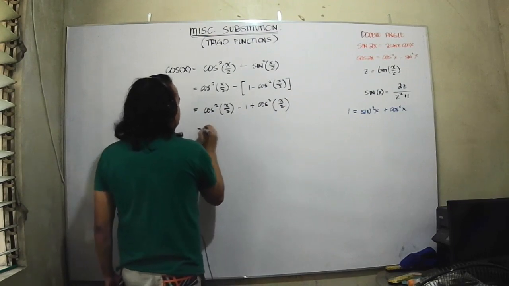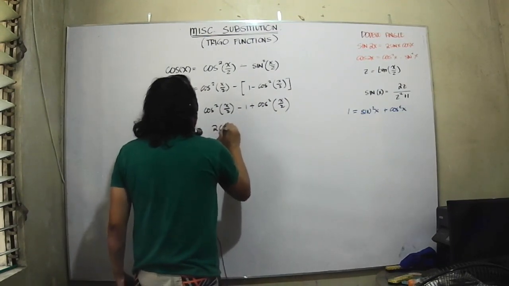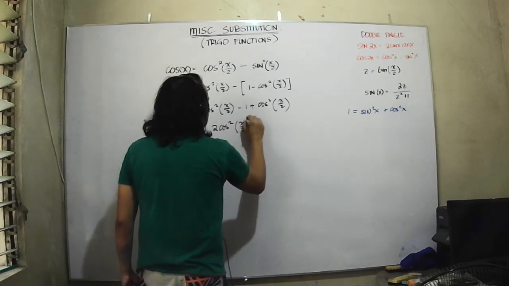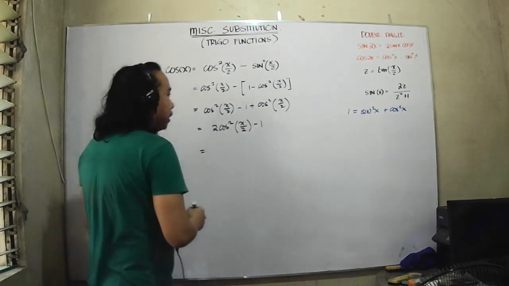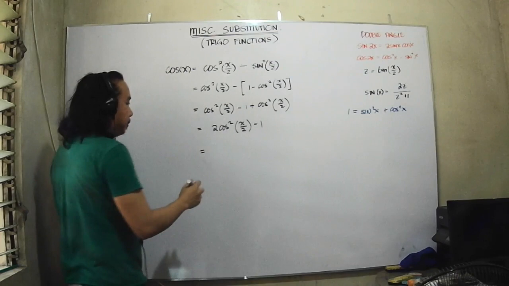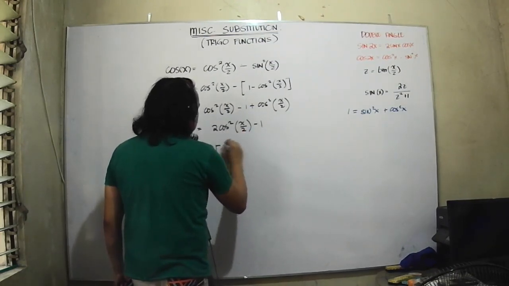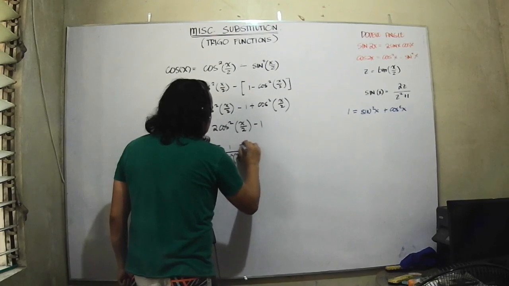So I proceed. Cosine can be combined. Cosine squared x over 2 minus 1. Now, cosine in terms of secant, that is the inverse of it. So I could say here 2 times 1 over secant squared.